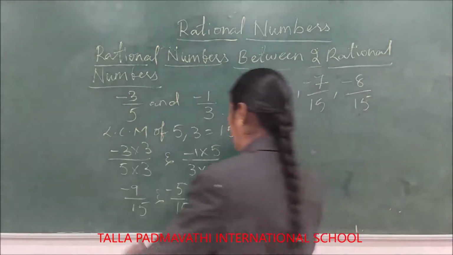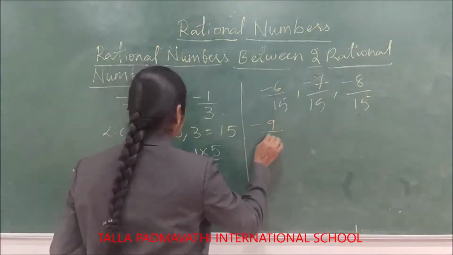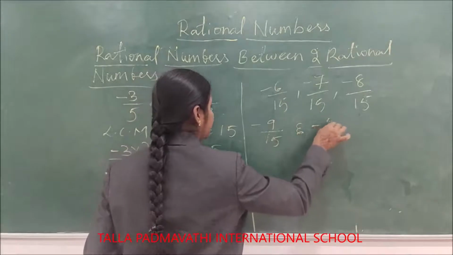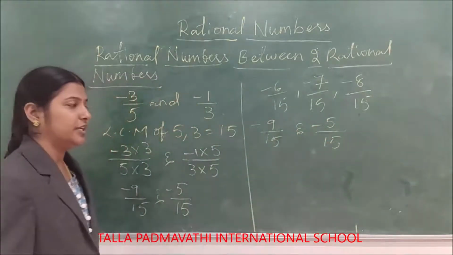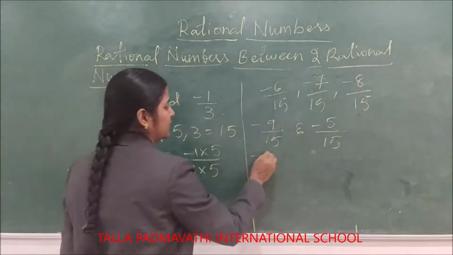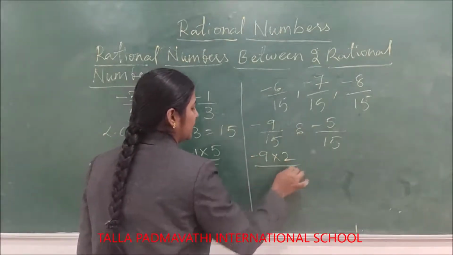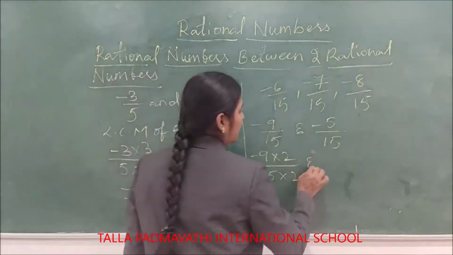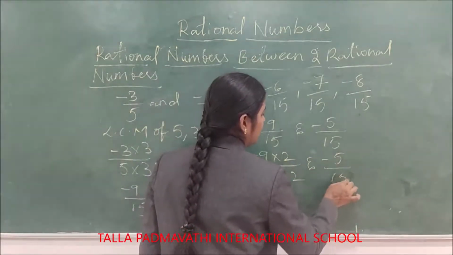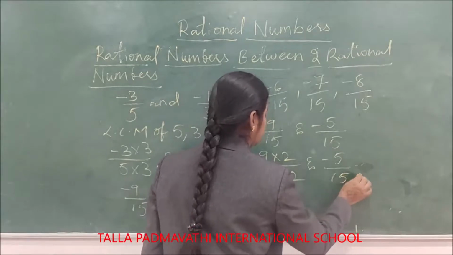Now as we got minus 9 by 15 and minus 5 by 15, just multiply 2 to it. To both the rational numbers, you multiply 2 to the numerator and also to the denominator. Then what are you going to get?